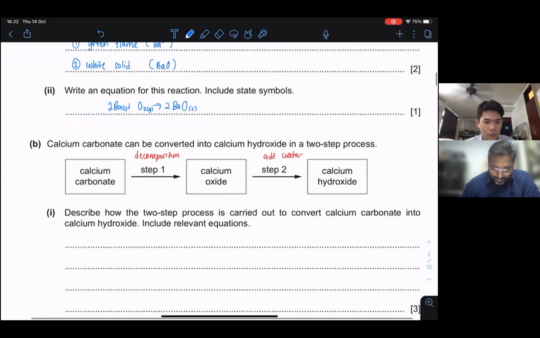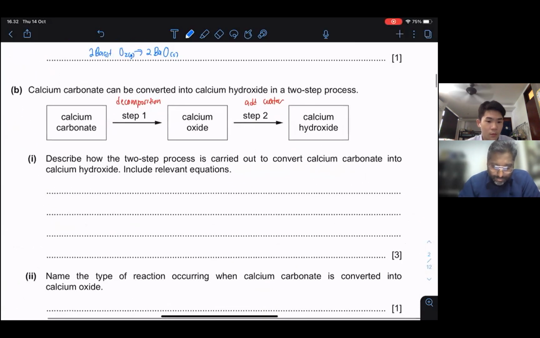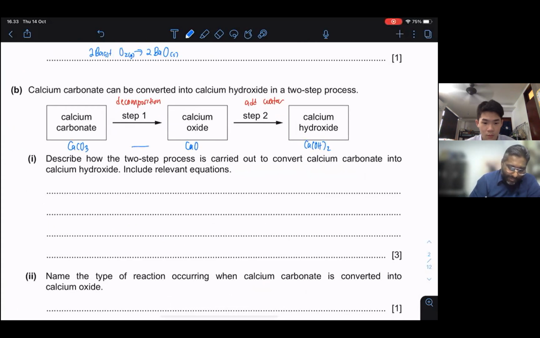Now, the second question over here is that calcium carbonate can be converted into calcium hydroxide in a two-step process. So I write down calcium carbonate, then calcium oxide, and then calcium hydroxide. The first moment you see calcium carbonate to calcium oxide, I think there is only one reaction, where you can decompose.